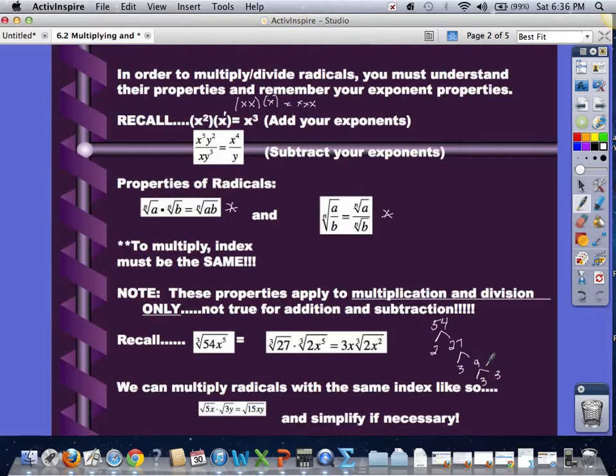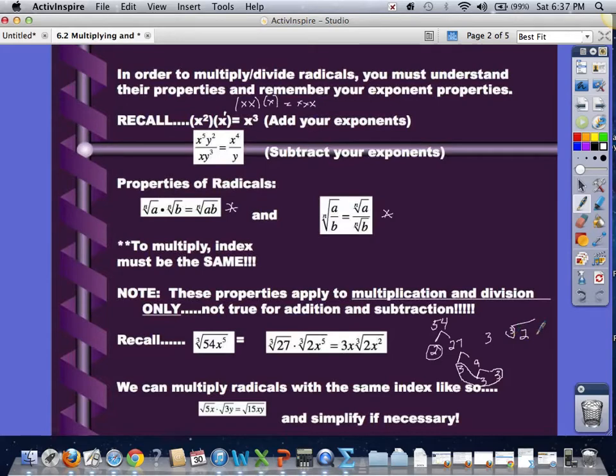Once you have all your prime factors, in this case, we need groups of 3. I have a group of 3 3s. So that would come out. And then this leftover 2 would stay inside the radical. So it would be 3 times the cube root of 2.